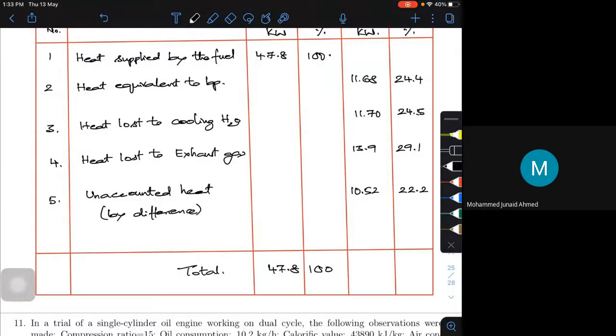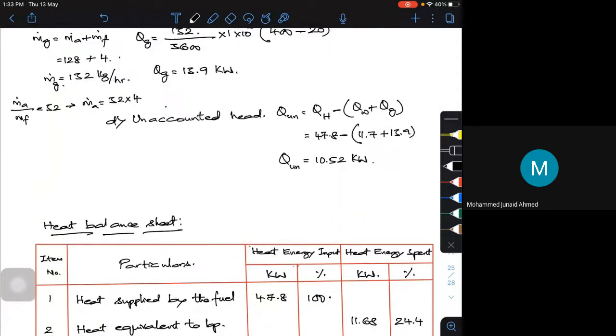Excuse me, sir. Yeah, tell me. The unaccounted heat in kilowatts by subtraction, you get 22.2. Actually, you wrote 10.52, but when you subtract from 47.8, you get 22.2. Yes, sir. So did I divide it by 2? Okay, fine. So 47.8 minus 11.7 minus 13.9, yes, 22.2.